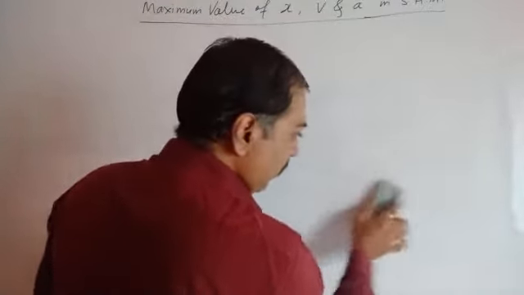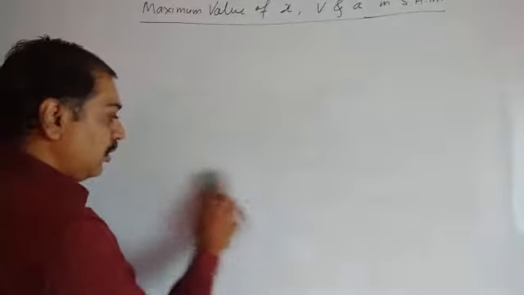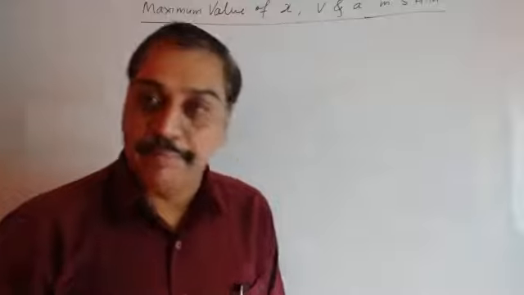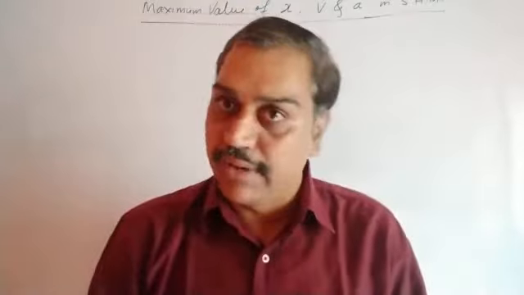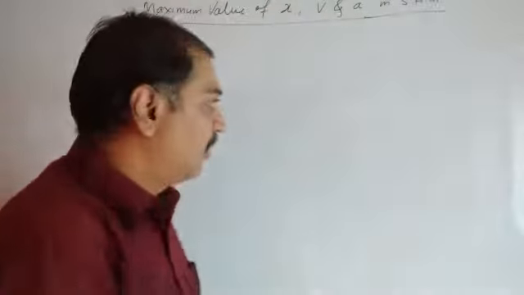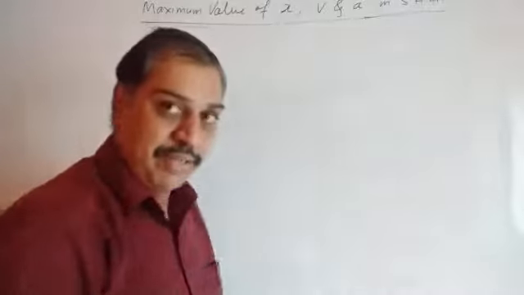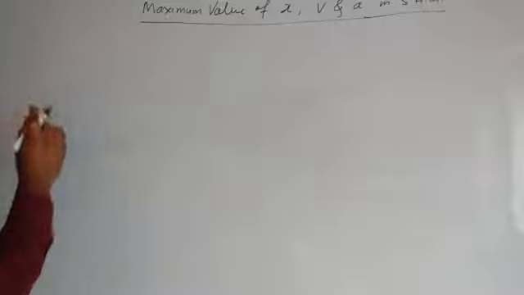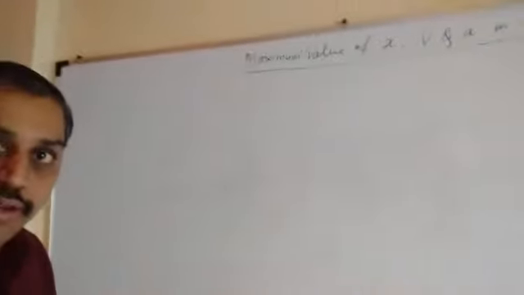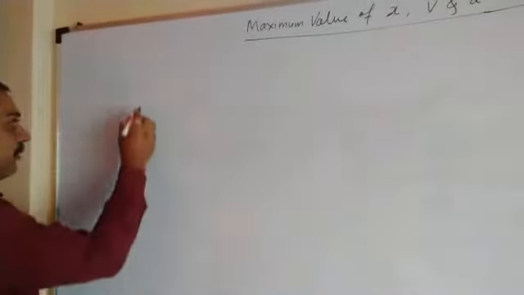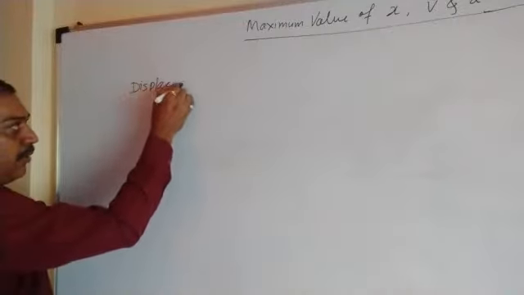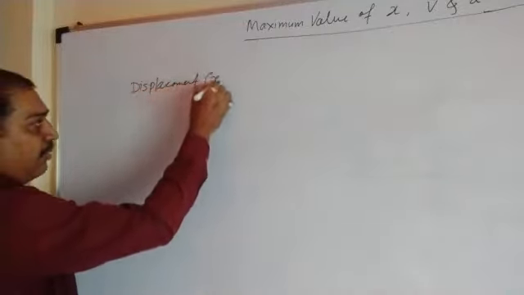Now here, if you remember, we know the two conditions. Initially we derived the equations from the differential equation for displacement, velocity and acceleration. Let's write down the equation for displacement first, then we will see the velocity. So let's start with displacement, represented by x.